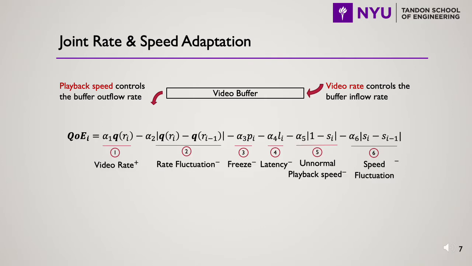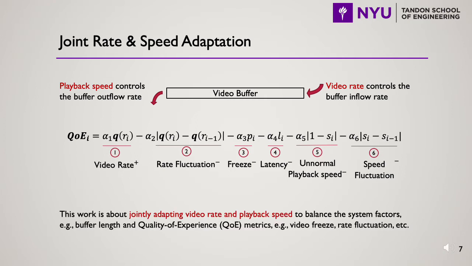In addition, in the definition of the QoE of a live streaming system, there are several terms that are directly affected by the playback speed. Therefore, in this work, we propose to jointly adapt video rate and playback speed to balance the system factors and QoE metrics.